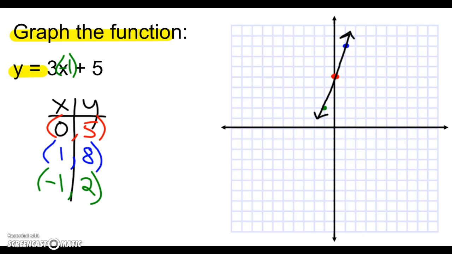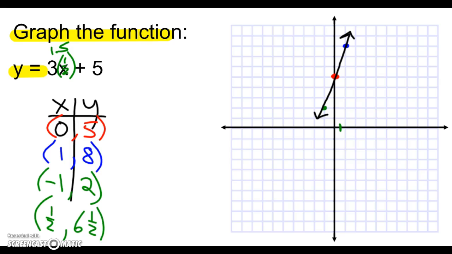Even if I were to put in 1/2 for x, I would go over 1/2 and then see what I got for y. I would do 3 times 1/2, which would be 1.5, and then 1.5 plus 5 is 6.5.